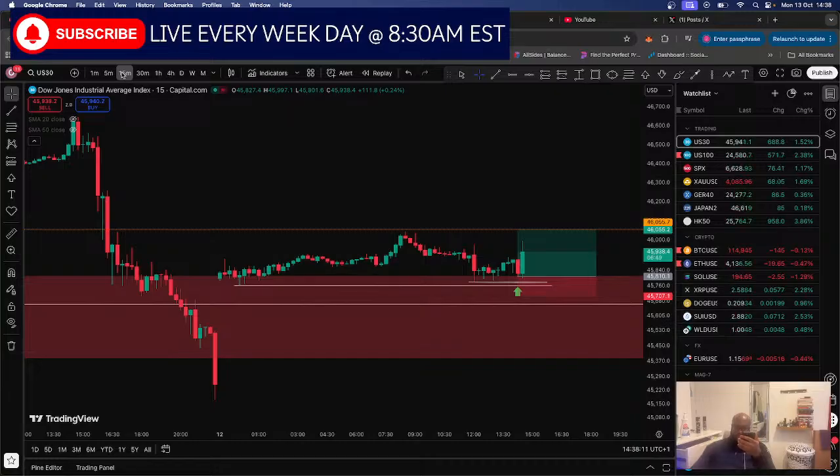I'm gonna move my stop to break even. We shouldn't go back down there. That's why I've moved my stop to break even. If we do, then I guess we're not going up today.